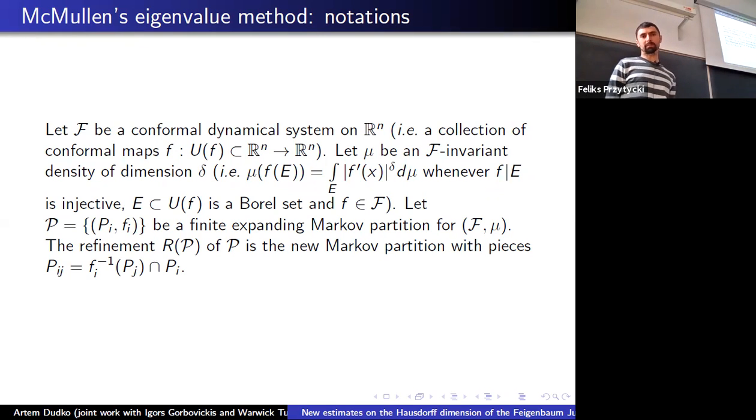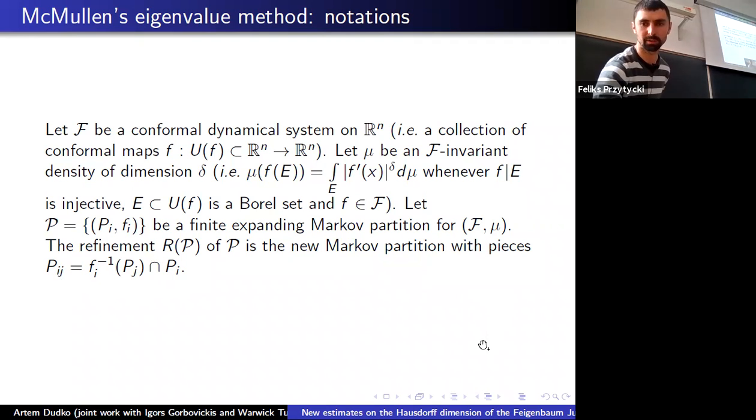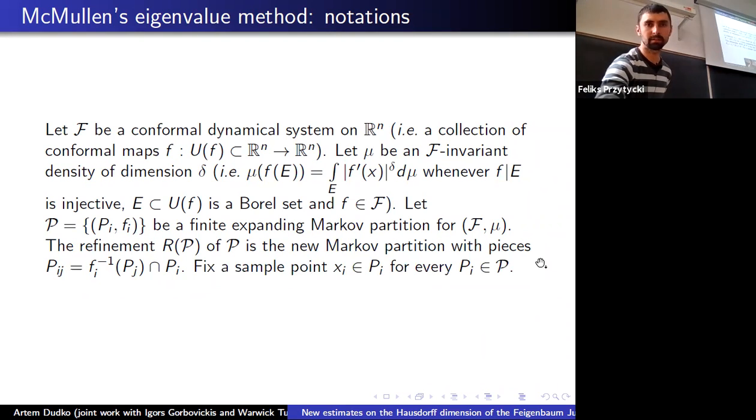Now, having some partition, we can define a refinement basically by taking preimages of this partition. So having a piece Pi of the partition and a piece Pj, we can take Pj's preimage under Fi intersected with Pi, and what we obtain, if it is non-trivial, we denote a piece of a new partition. And for the method, we also fix a sample point xi inside each of the pieces Pi.